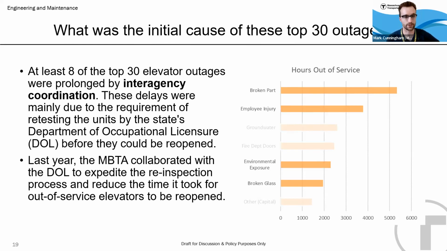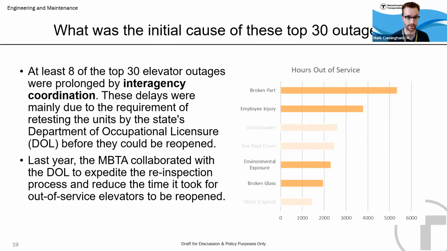Another underlying factor was interagency coordination. What I generally mean by that is that when many of these units go out of service, it is part of the process that they be re-inspected and retested by the state's Department of Occupational Licensure, that's the DOL, and they need to be retested and re-inspected before they can be reopened.